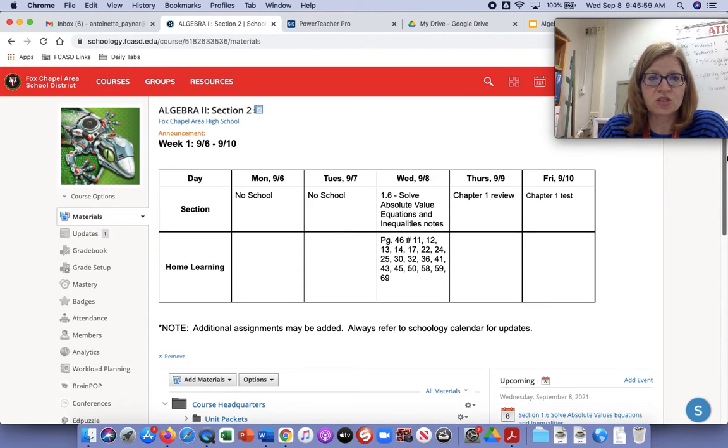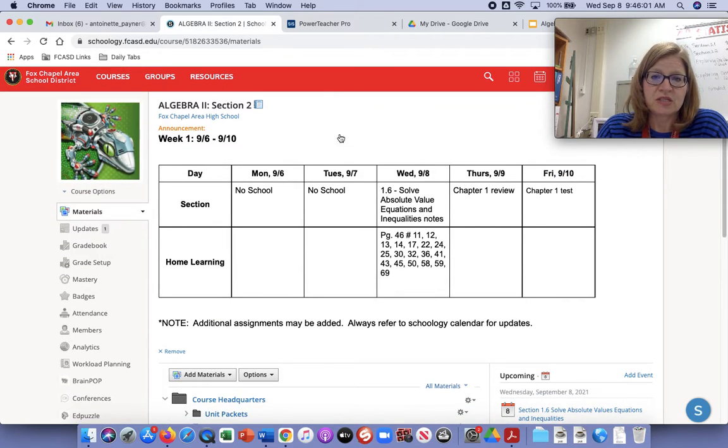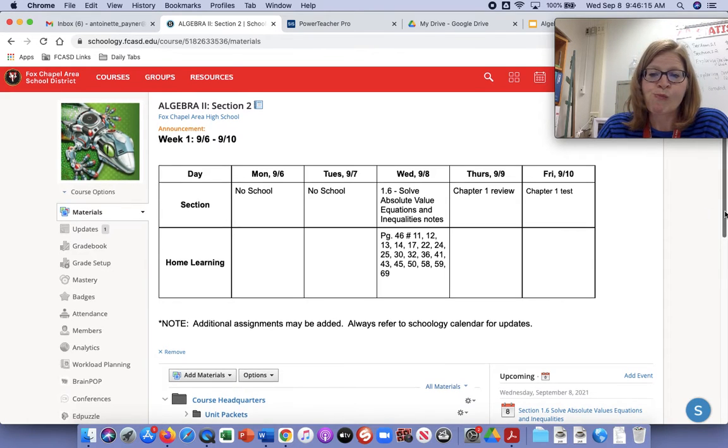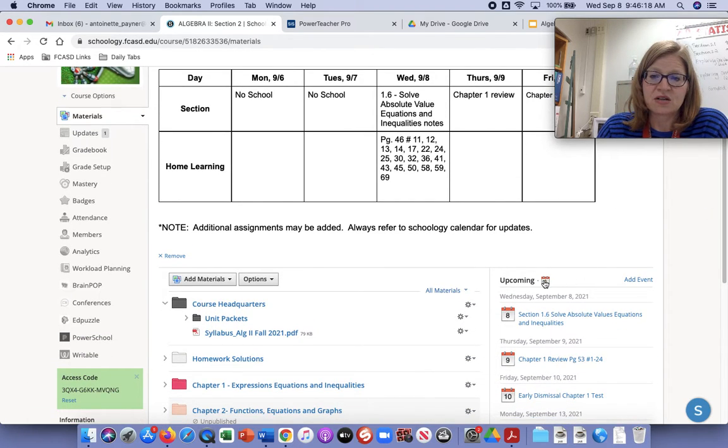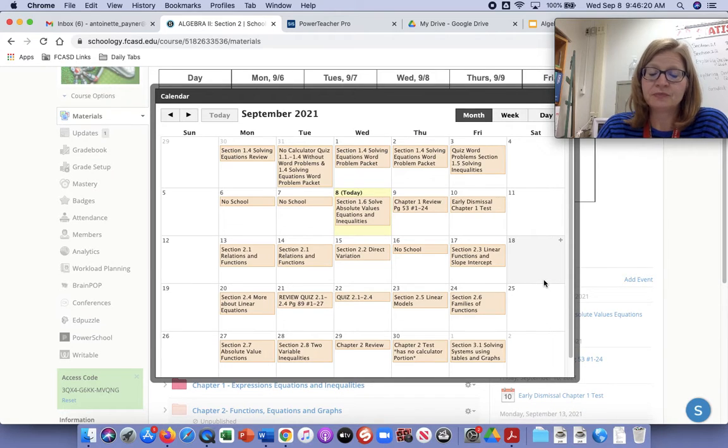So here's the Schoology page. You should be able to see at the top of the page the plans for the week. So Wednesday we'll be doing 1-6, solve absolute value equations, and this will be the homework. There's the review tomorrow, and then there's a test on the chapter on Friday. If you want to get a bigger view of the calendar, you can click on that link right there.